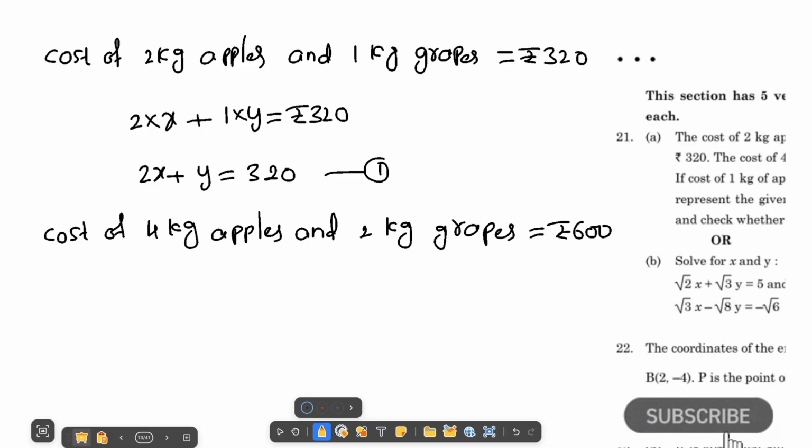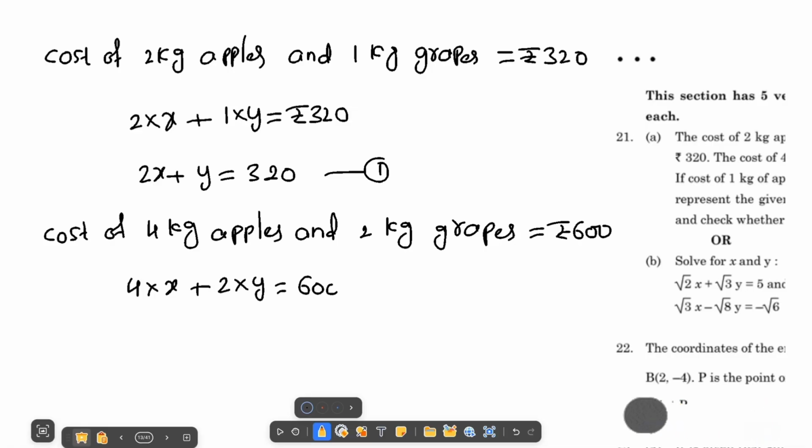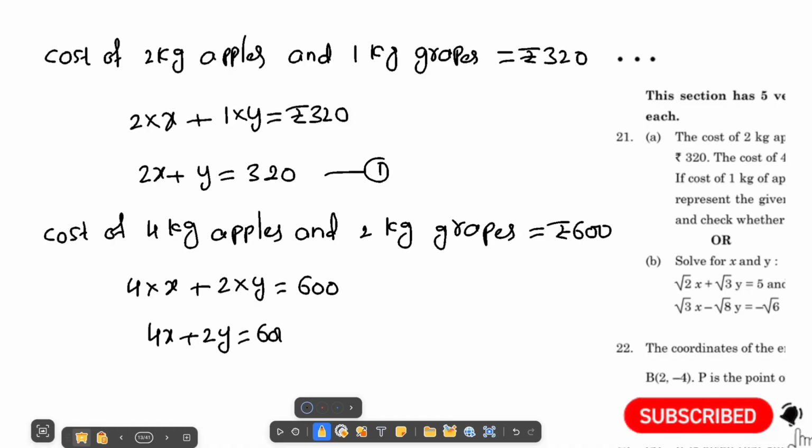So 4 into x, where each kg is x rupees, plus 2 into y, where each kg is y rupees, equals 600. So 4x plus 2y equals 600.